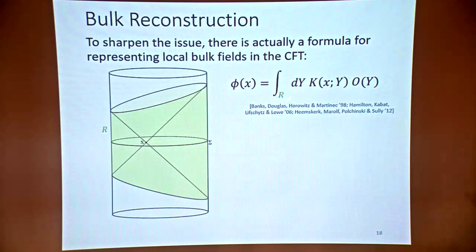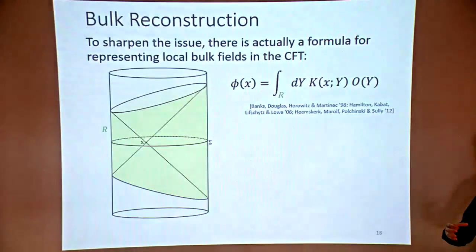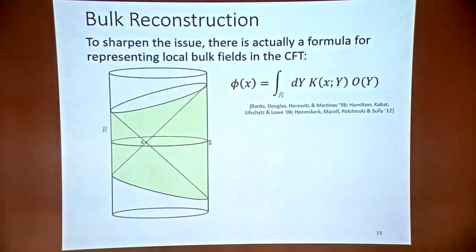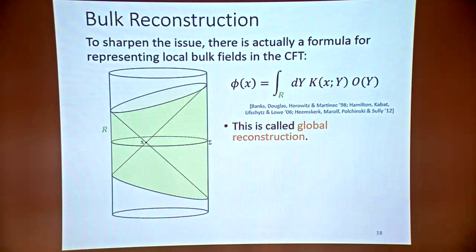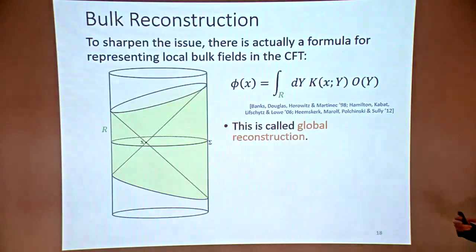And also the support of the integral is in this shaded region. It consists of all the boundary points that are space-like separated with respect to the bulk point. This is called global reconstruction because it uses all the information of the CFT. It uses every location.